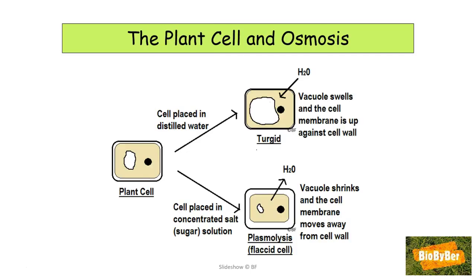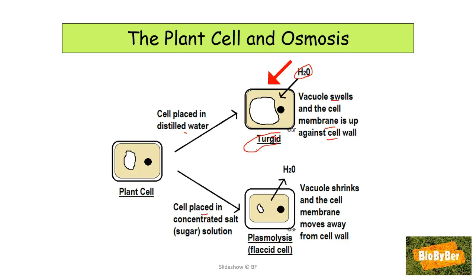So in summary, if a plant cell is placed in distilled water, the water will enter from a high water concentration outside to a low water concentration inside. The vacuole will swell up and the cell membrane will press up against the cell wall, and the result will be a turgid cell.